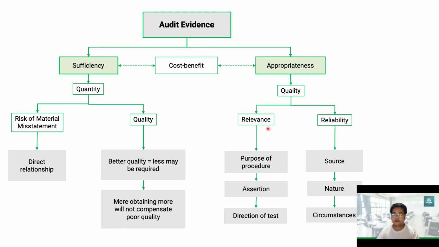So aside from relevance, quality will also be affected by the reliability of evidence. The reliability of the evidence would be affected by the source, the nature, and the circumstances. So for example, source. Evidence would be considered more reliable if it comes from an outside or independent source, compared to evidence that would be coming from the client or the management.